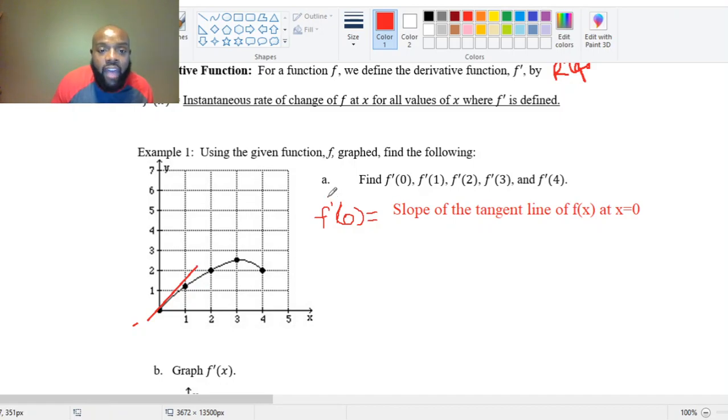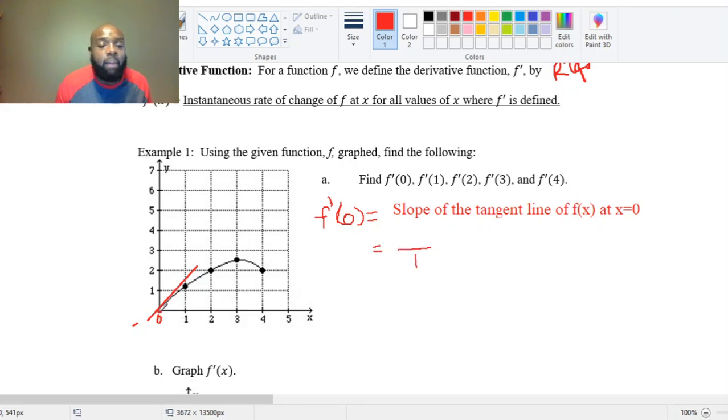And so I've drawn that tangent line. I want to find the slope. Well, it touches your graph at that point, and I'm going to use rise over run, because slope is always rise over run. Well, I'm going to get a little smart here. This is a grid, so I know if I go to the right, I'm going to have 1. So I'm going to write my slope so that my run is always 1.